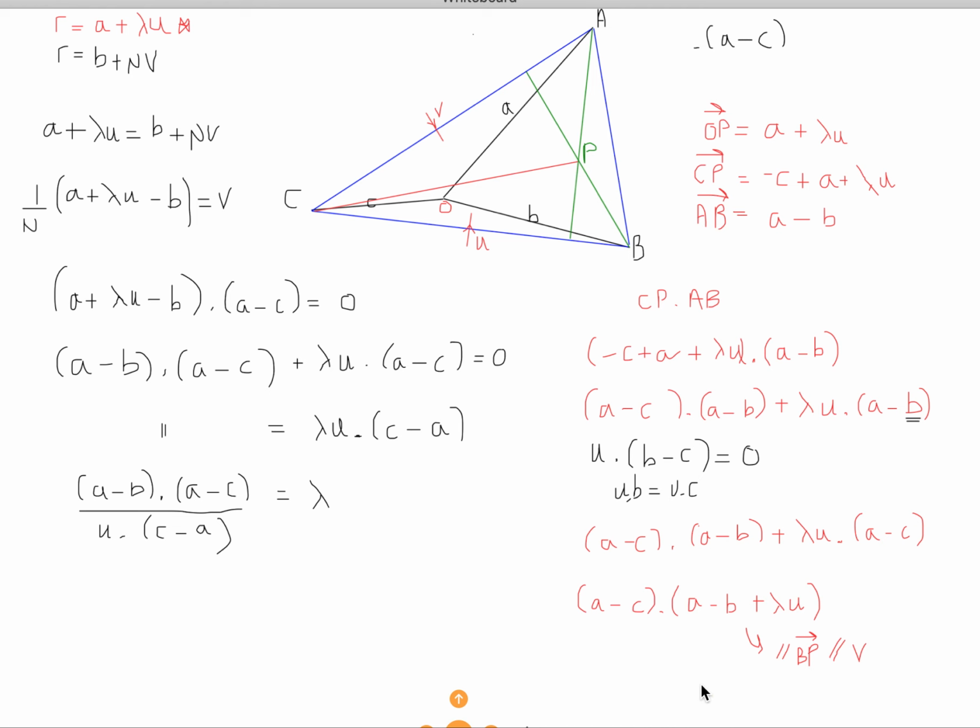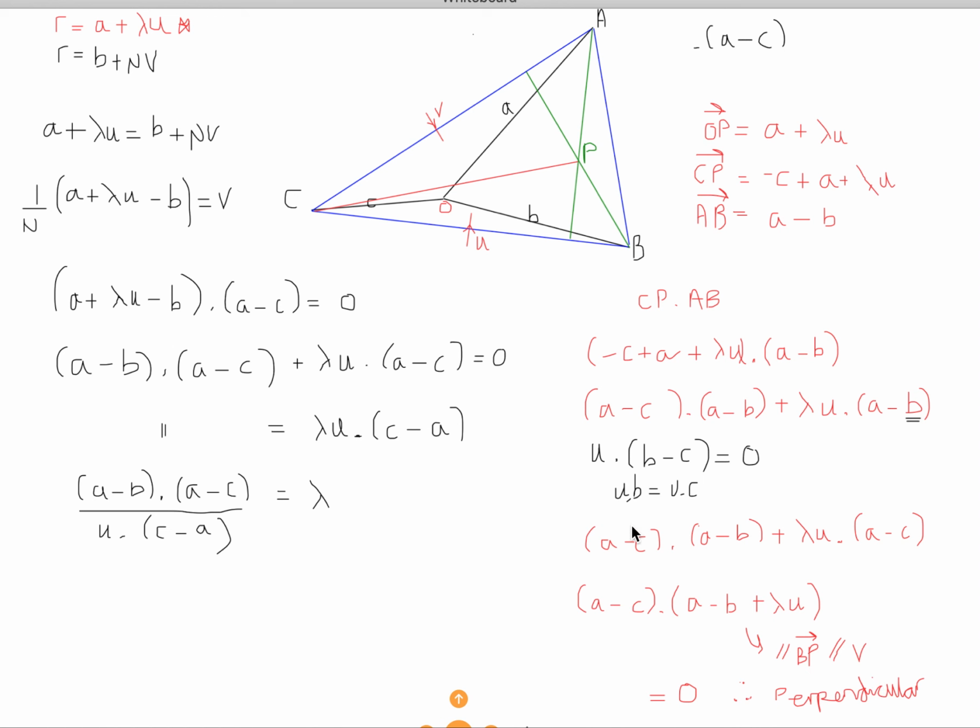So the dot product of those is going to equal 0. And therefore, we can say that these are perpendicular. It's quite difficult to write on here, but there we go.